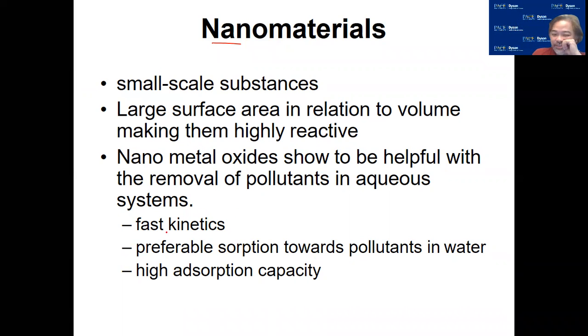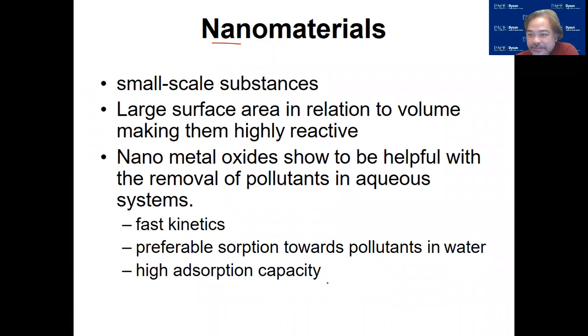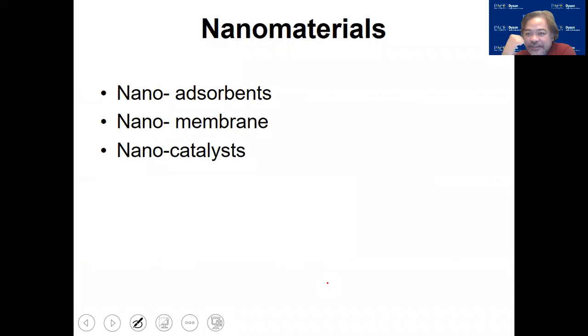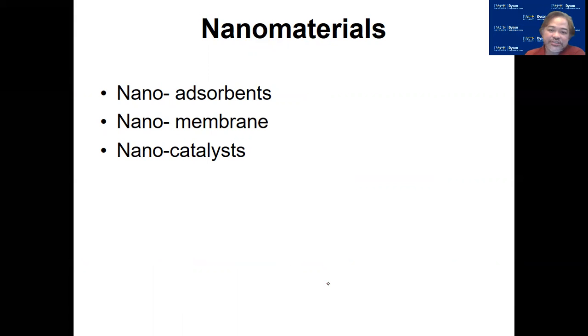Okay, so nanometal oxides are found to be helpful with the removal of pollutants in aqueous systems. This is due to the fast kinetics, the preferable adsorption towards the pollutants in water, and the high adsorption capacity. And there are already a lot of studies reported in literature about the use of nanomaterials. So they can use nanoadsorbents. So it's just like the adsorption technology.